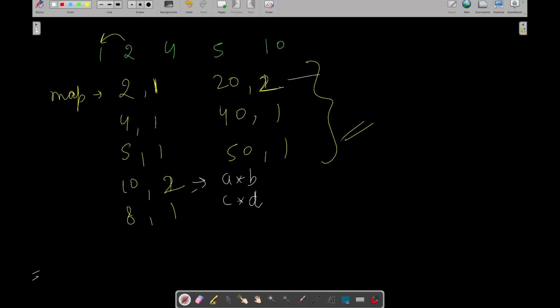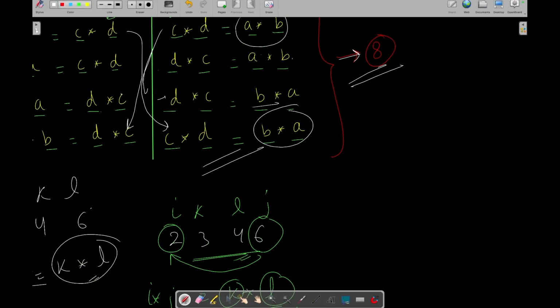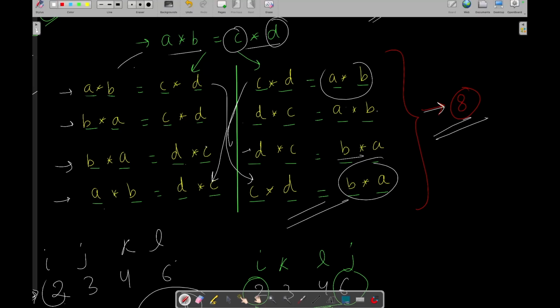So for 20 as well, there must be 2 distinct pairs which have given 20 as the product. Okay, so if we have 2 distinct pairs, it means 8 ways, right? As we have seen above, if we have 2 pairs, then we can arrange them in 8 ways.